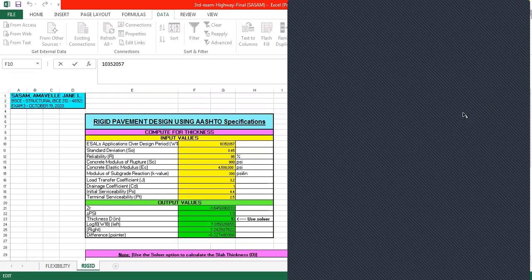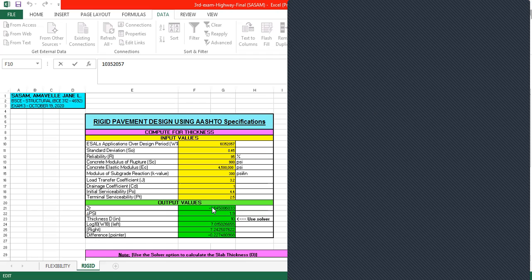Then drainage coefficient would be 1, and the transfer coefficient would be 3.2, and the initial serviceability PO would be 4.4, and PSI would be 2.5 again.